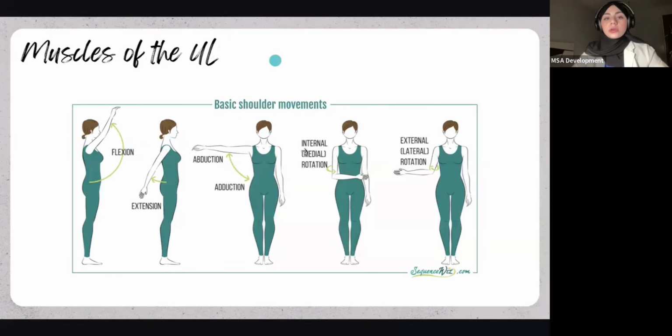Now, muscles, the basic movements of the shoulder joint. Again, we practice them together and know very well your axes. So when I tell you what are the movements of the shoulder joint at the frontal axis, again, frontal, so what will it be? Flexion and extension.